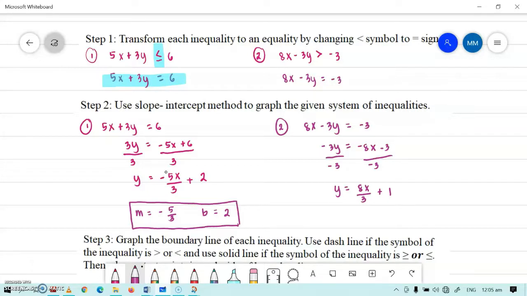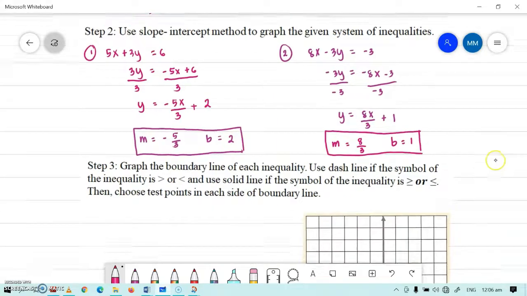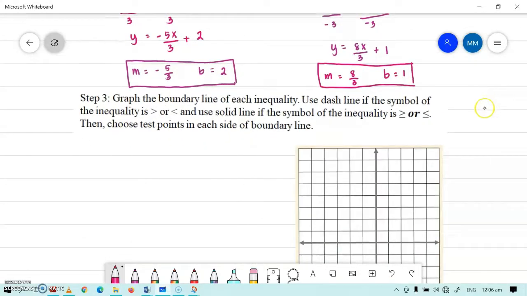So for this, our slope is 8 over 3 and our y-intercept is 1. So we are done now with step 2. Let's proceed to step 3.